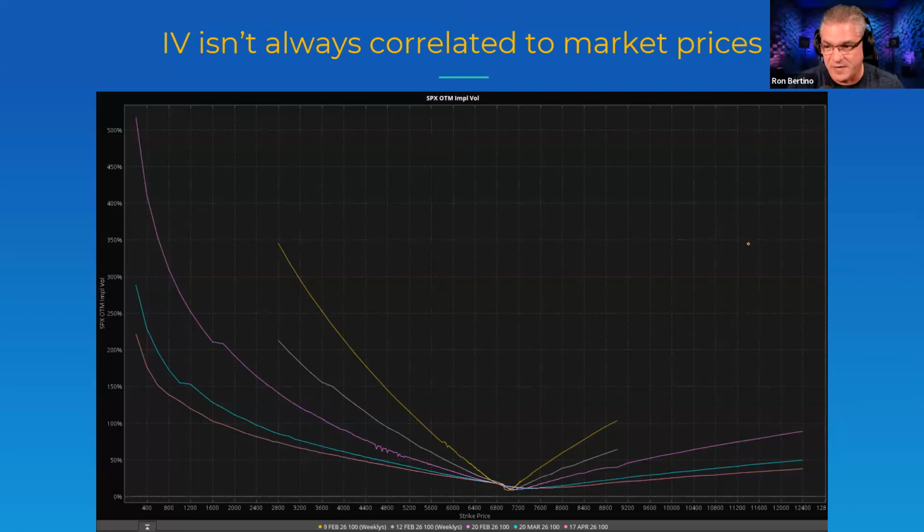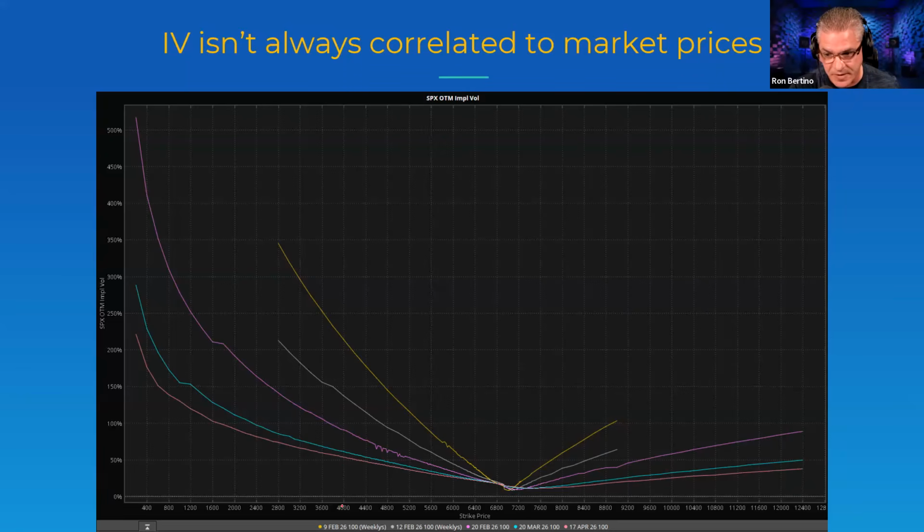Okay. This is another view of the same thing. So if you look down here, you can see that this is 9th Feb. Then we've got 12th Feb, 20th Feb, 20th of March, and April out here. So these lines down here are further out in time, and the ones on top are closer and closer to time.